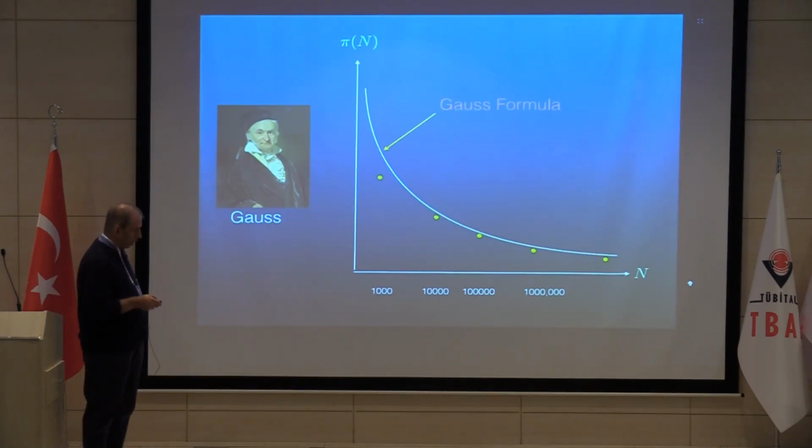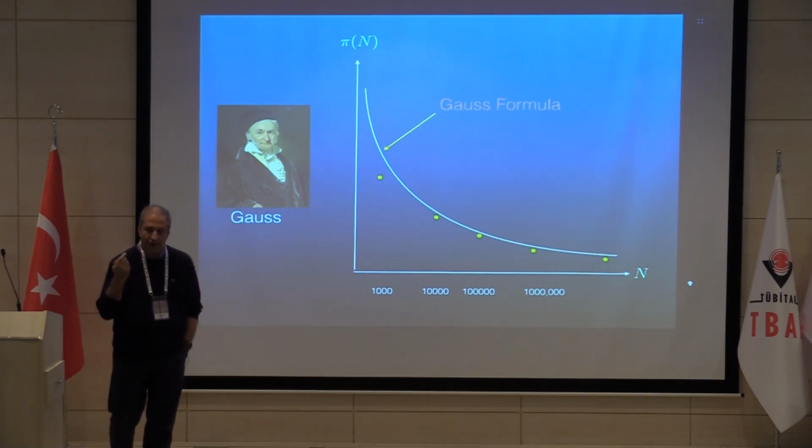If you count the number of prime numbers less than n, the exact numbers are these yellow dots. And the Gauss formula is this smooth curve. And you see that it's a correct upper bound. The Gauss formula is always above these numbers. So it's a true theorem.